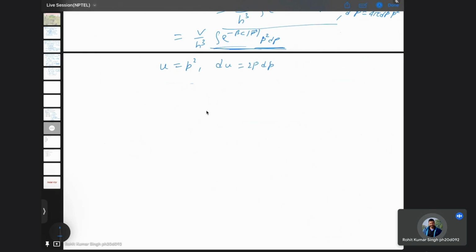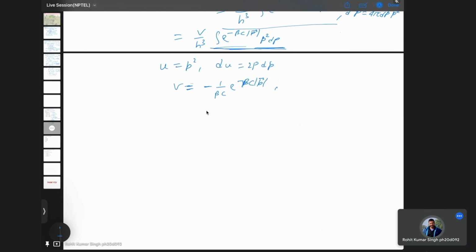And also you can write v equal to minus 1 over beta c e to the power minus beta c p, right?